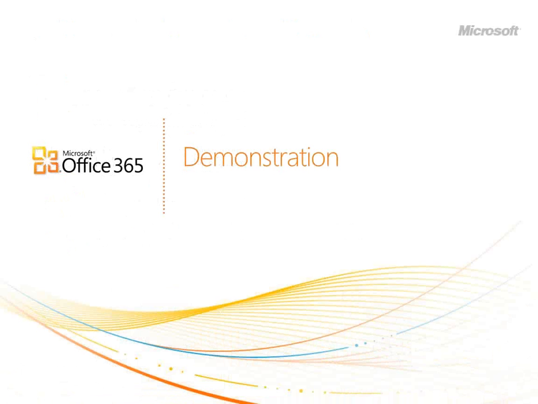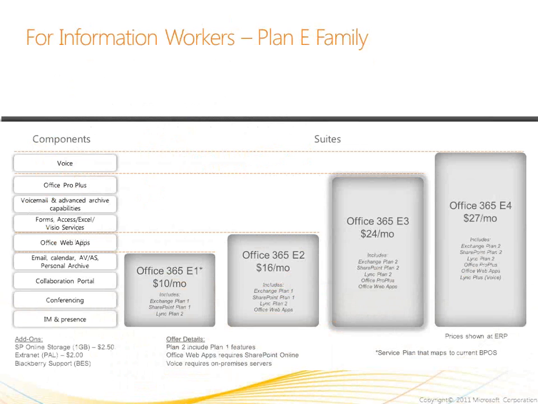One other thing I wanted to mention before we go on to the demonstration is I don't actually have it in the presentation at the moment, but in addition to the E plans, you can buy these a la carte. So if you just wanted Exchange by itself, you could buy Exchange Plan 1 or Exchange Plan 2 by themselves. Exchange Plan 1 is $5 a month by itself, and Exchange Plan 2 is $10 a month.